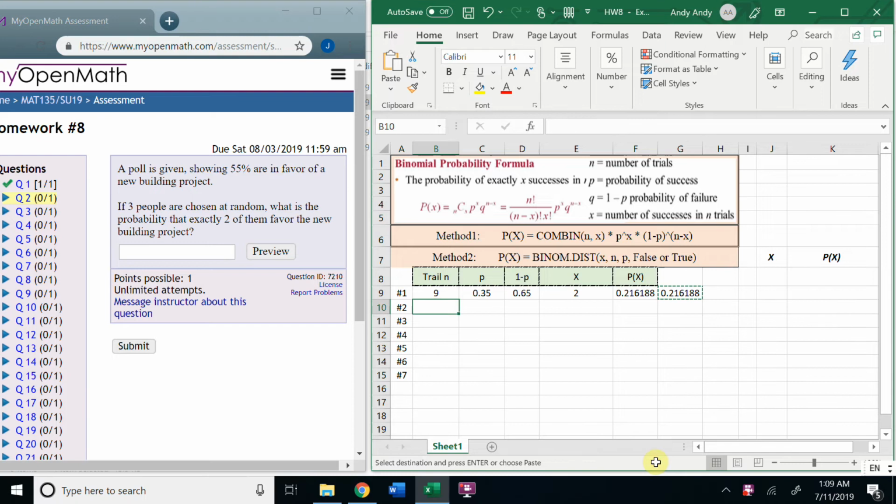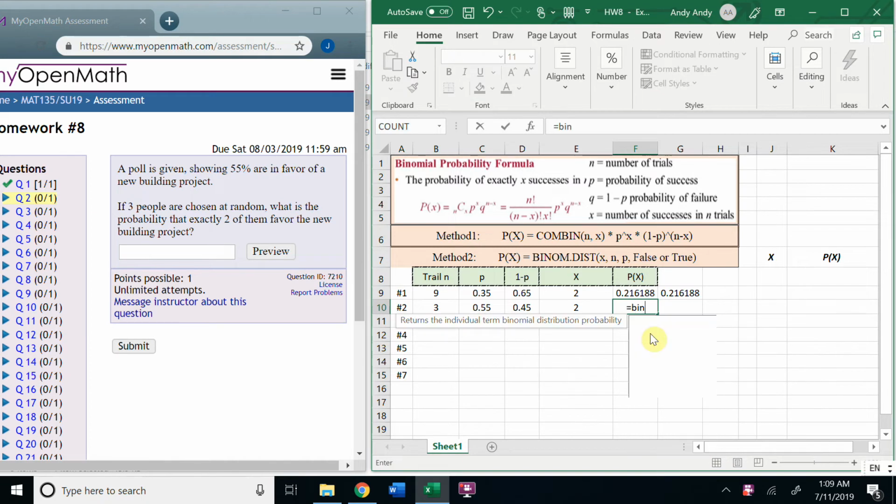So here n is 3 and x is 2 and P is 0.55, and 1 minus P is 0.45, and the probability is binomial.